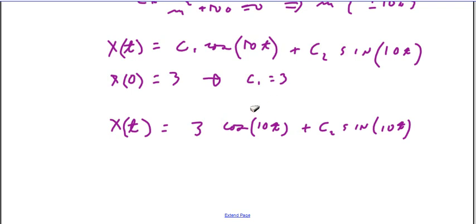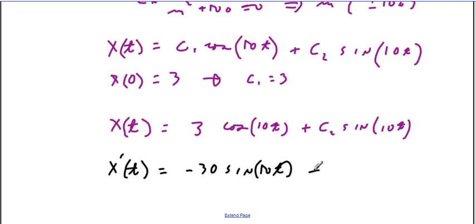Okay, looks good. And I'm going to go with x prime now and say, well, what is x prime? x prime at t is minus 30 sine 10t plus 10 C2 cosine 10t.